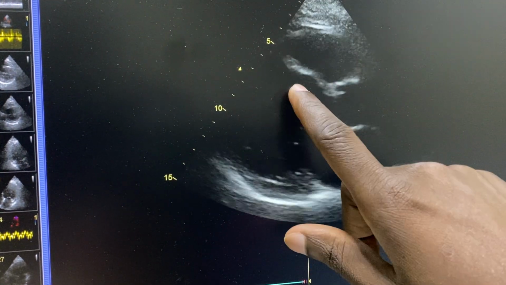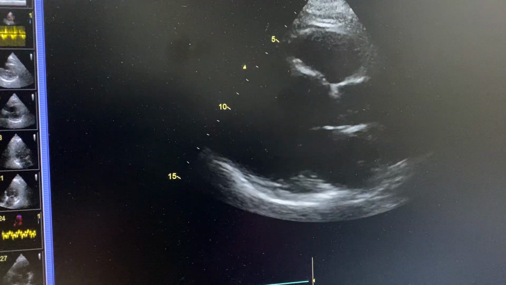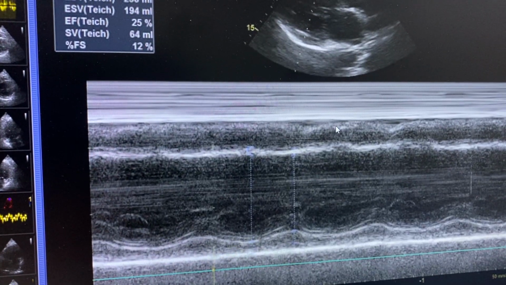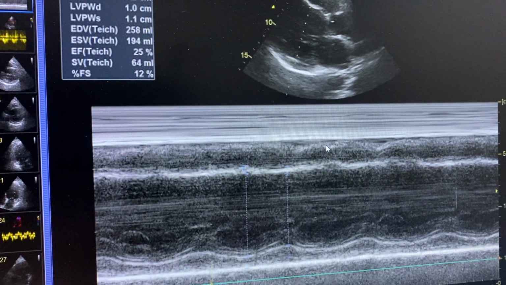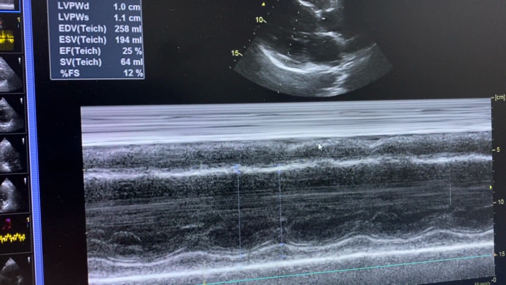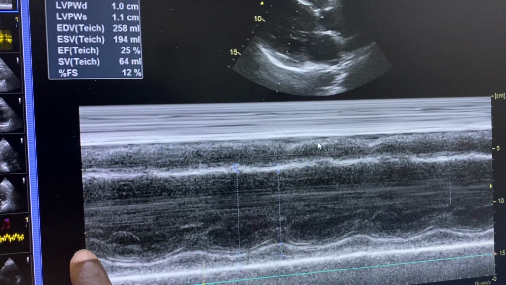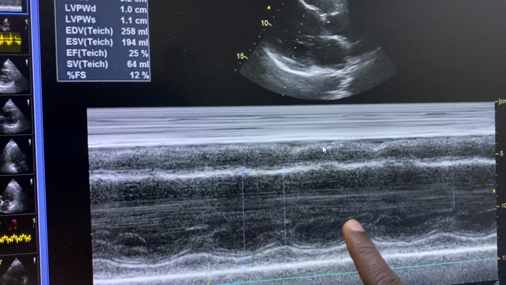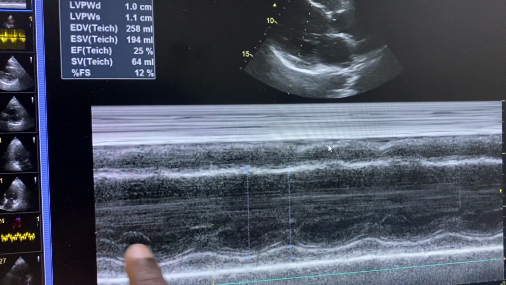We are going to confirm that. It's not moving, and this is the M-mode line that is cut at the level of the left ventricle at the tip of the mitral valve. If you clearly see the M-mode, the posterior wall or posterolateral wall is moving. That's why it is wavy.